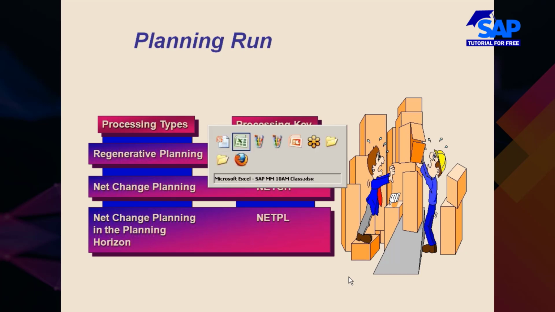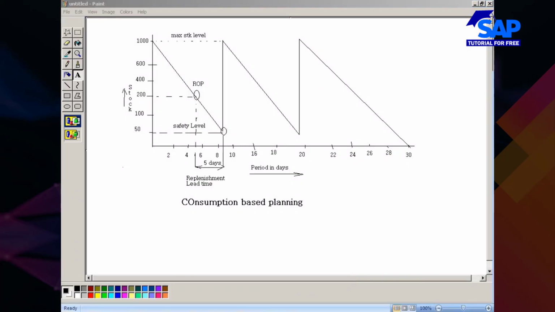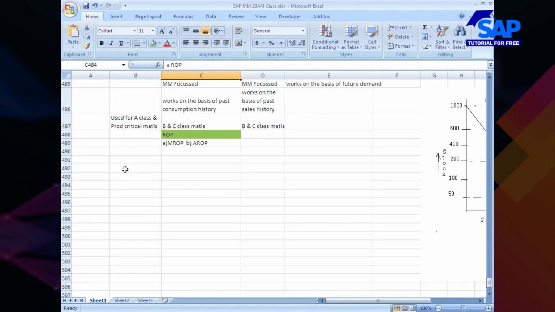What we call regenerative planning, net change planning, and net change planning within the planning horizon. I'll just put it over here. Planning run types. Okay. A, we call it regenerative planning. This is called NEUPL. There is something called net change planning. This is called NETCH.